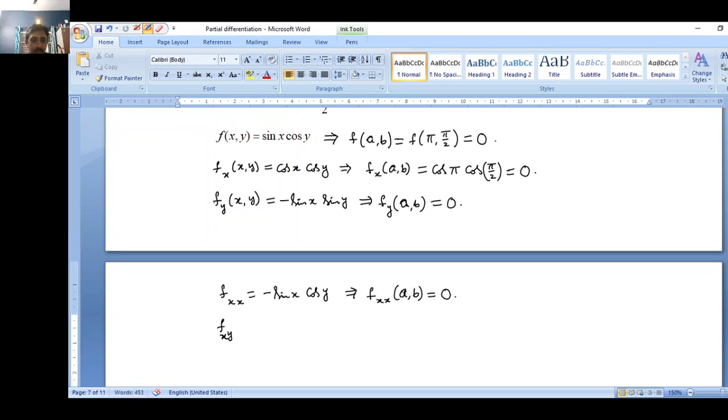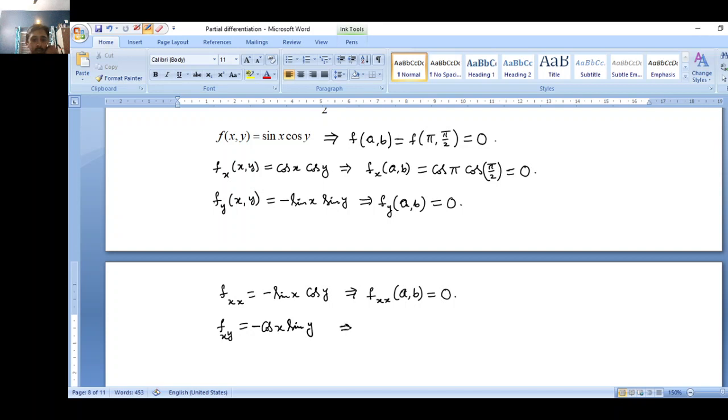Okay, so now we'll go for fxy. What do you mean by fxy? Either differentiate fx with respect to y or fy with respect to x. Doing that will give me fxy as, I'm differentiating fx with respect to y, so cos x is going to remain the same, and cos y is going to give me minus sin y.